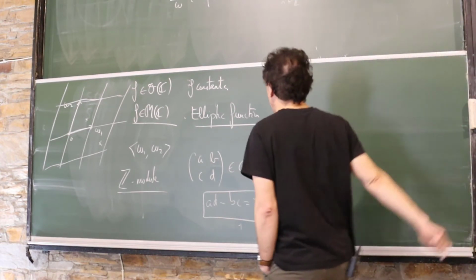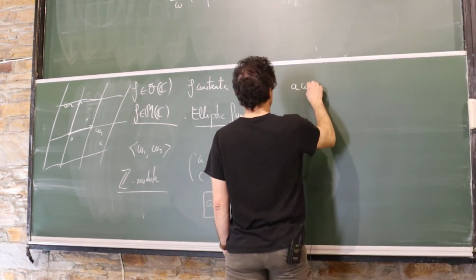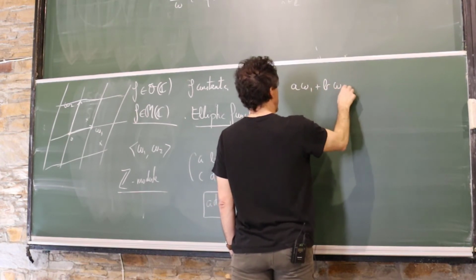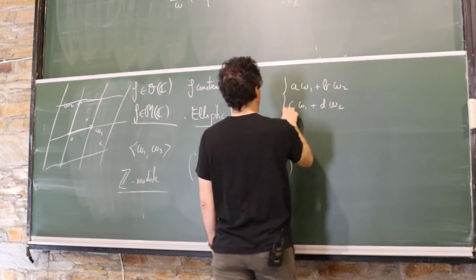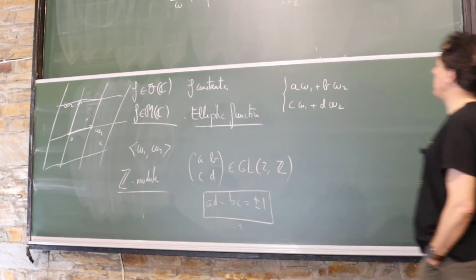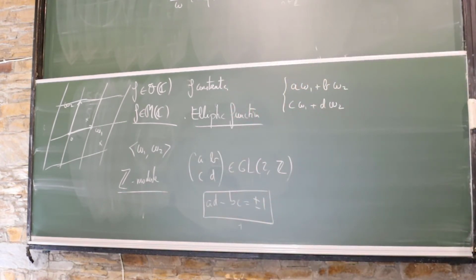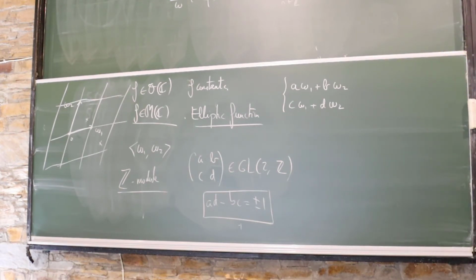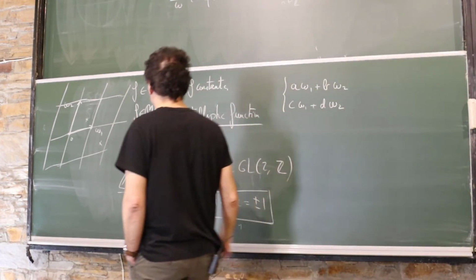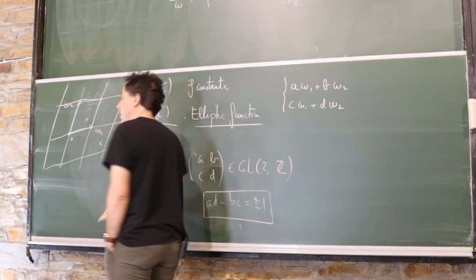Any other basis can be obtained like this, where A, B, C, and D are integers satisfying AD minus BC equal to plus or minus 1. So, of course, the set of generators is not at all unique.